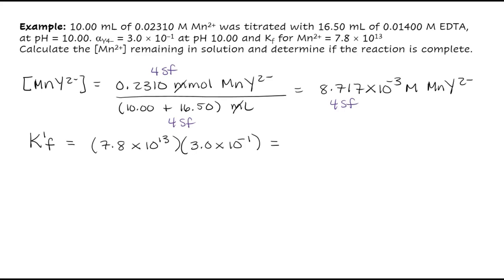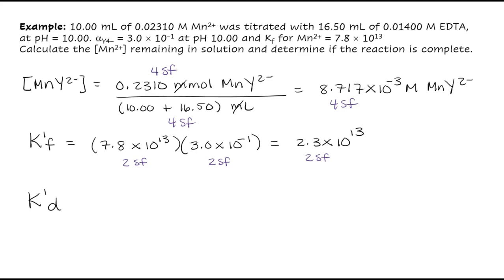Looking at our sig figs, we have 2 sig figs in Kf, 2 sig figs in alpha, and so our K'F will also be rounded to 2 sig figs. Doing the math, 7.8 times 10 to the positive 13 times 3.0 times 10 to the negative 1 out to 2 sig figs gives us 2.3 times 10 to the 13.